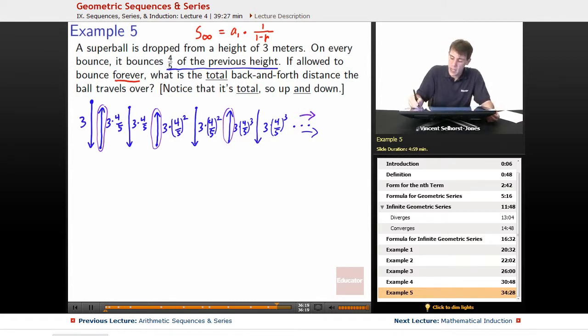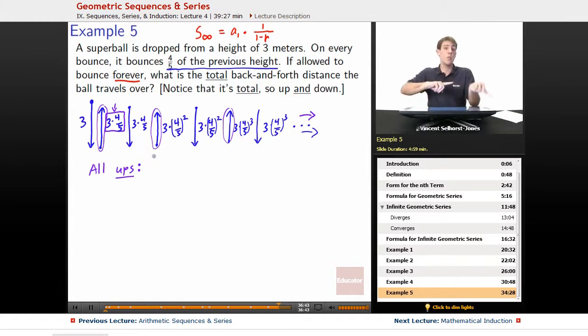All right, so in this case, for our up bounces, all the ups, our first value is A1, this one right here, 3 times 4/5. We might be tempted to think it's 3 meters, but remember, this is all the ups. We're looking at the ups first, and we'll see why at the end.